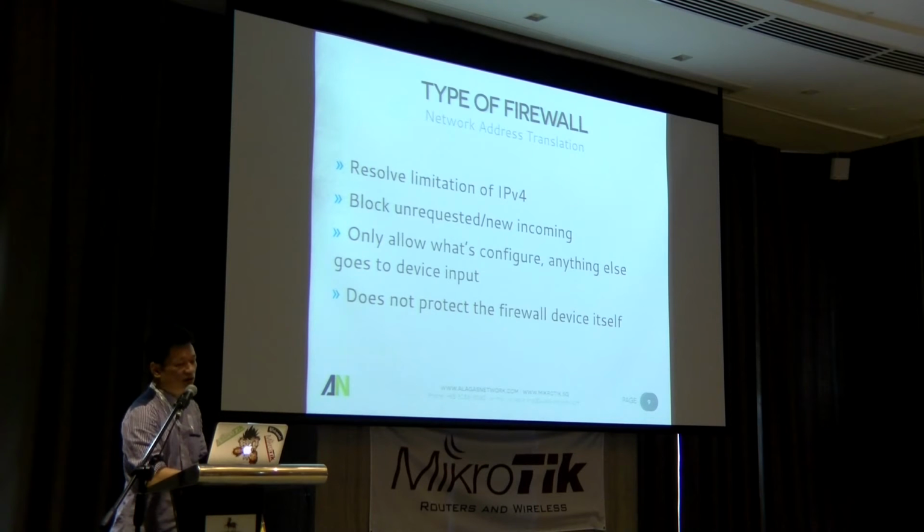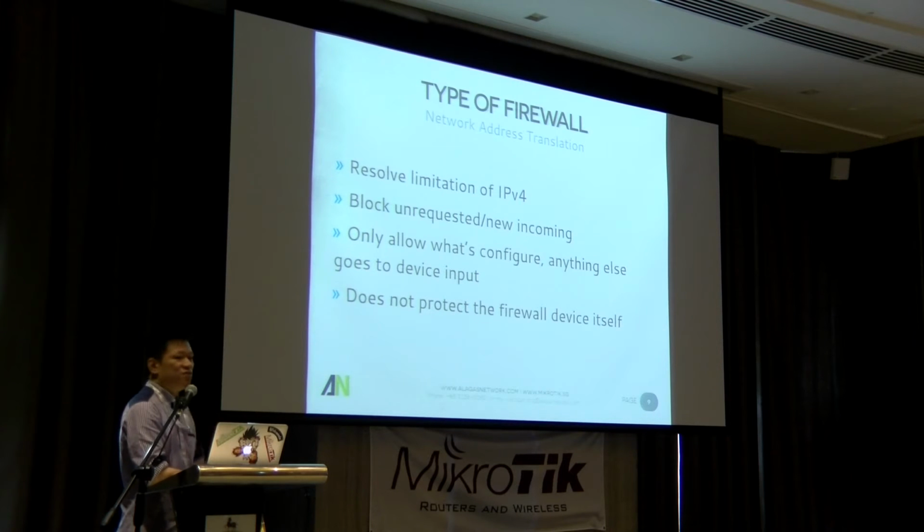But because of this method, it actually blocks newly initiated connections from the external network. When you configure NAT to translate certain addresses from the LAN to the WAN, it only understands that. For the rest, it will not know what to do. So when there's a new connection coming in, it will treat it as a connection for the firewall itself.